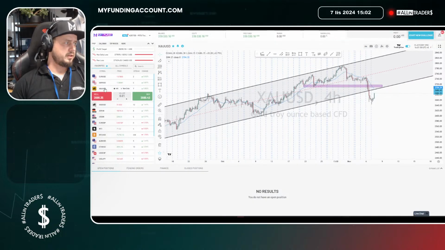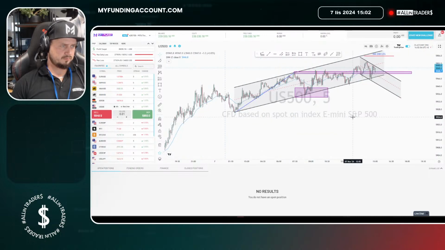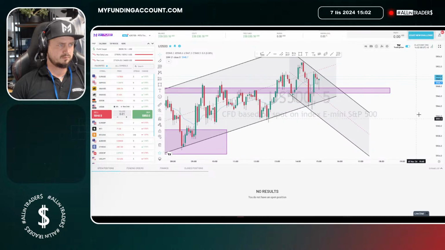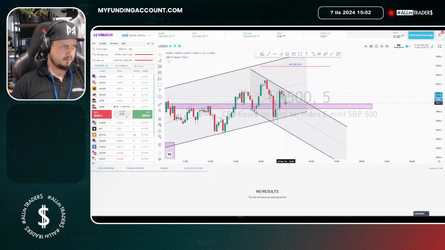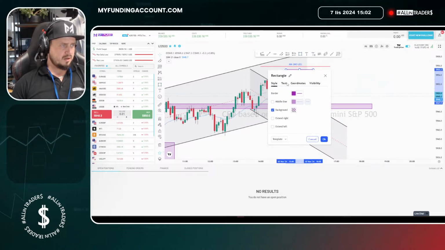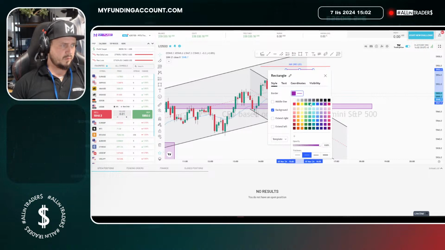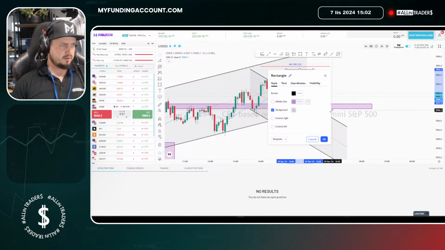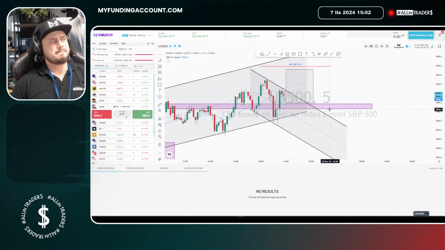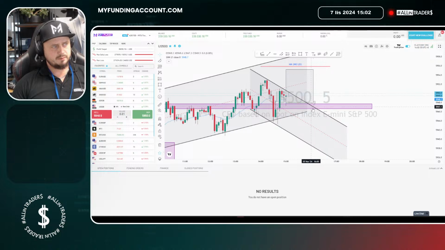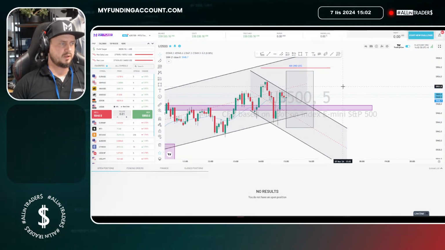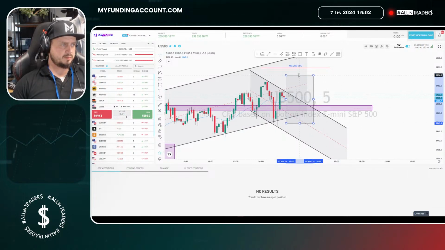Okay, let's go back to US 500. Still nothing, but we're gonna look for something different in this time frame between 3 and 5 p.m. We're gonna see what's gonna happen here, and using a different strategy, we might be able to open the position.